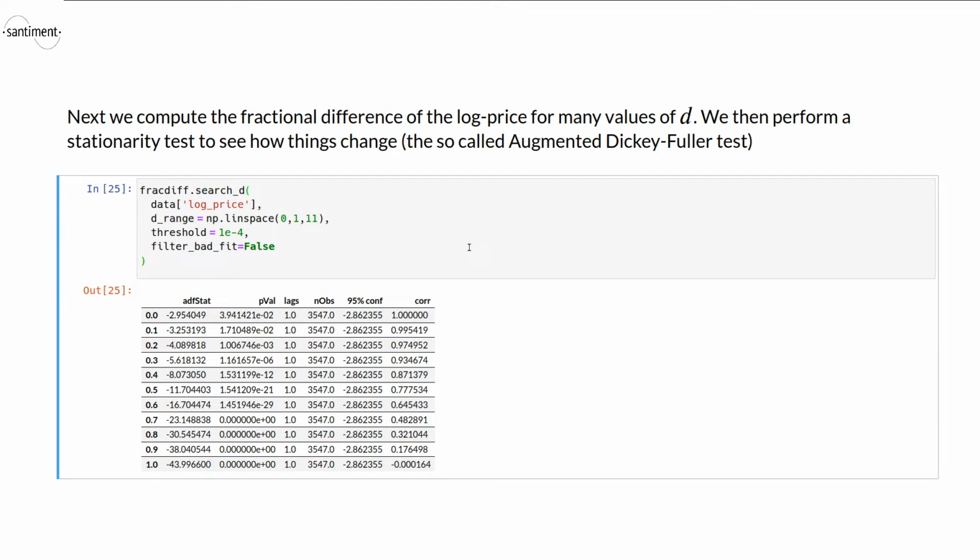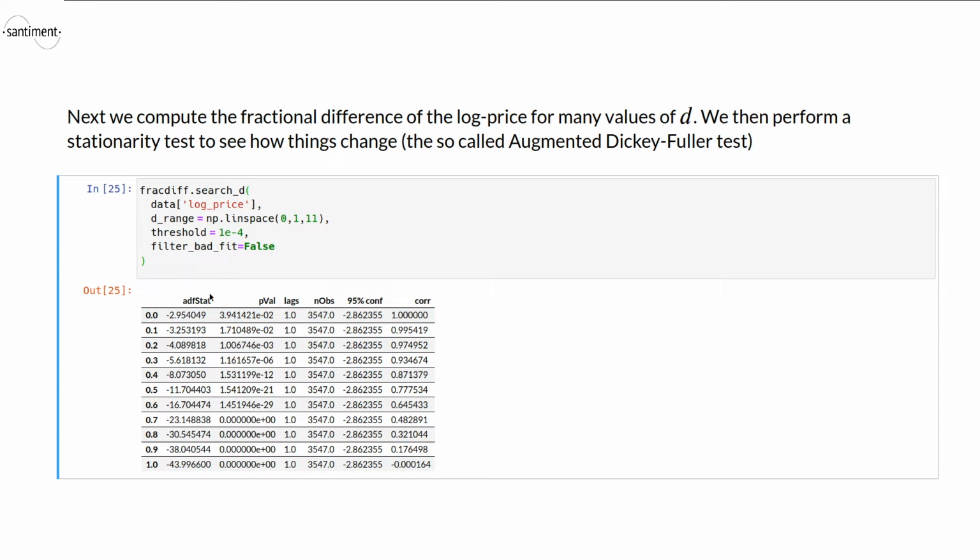So this is how this test works. Here you see a table with the results, and I will explain what this table means. The first column is the level of differencing. Here we're differencing from 0 to 1. 0 means no differencing at all. 1 means we apply the normal differencing one time. We apply this differencing on our data, and we get some time series. Then we apply this test on this time series, and we get a number.